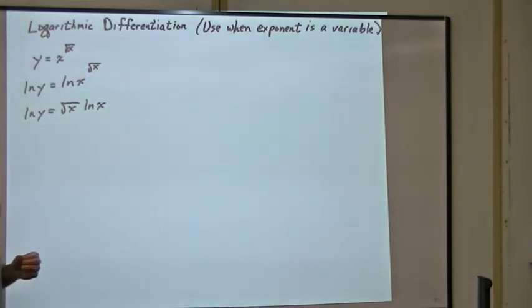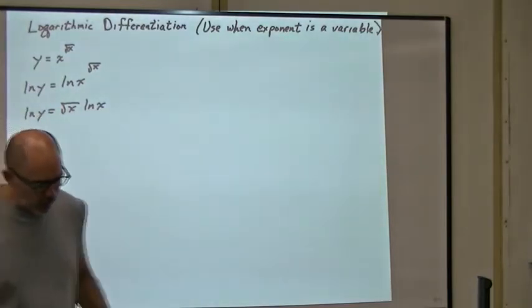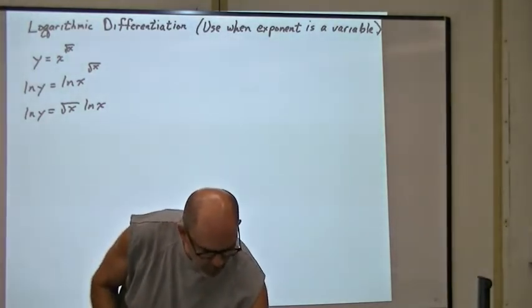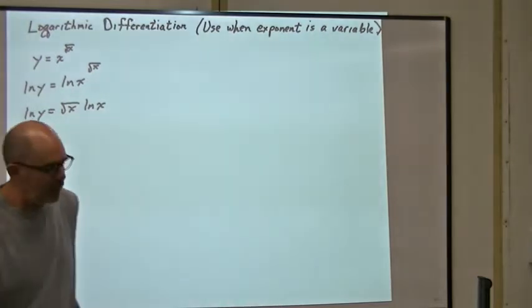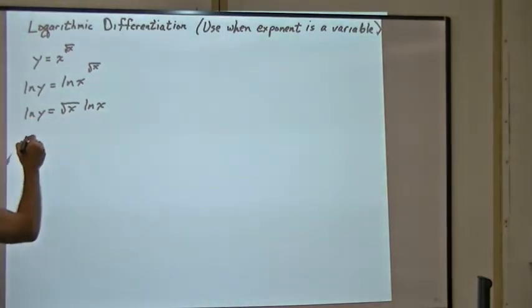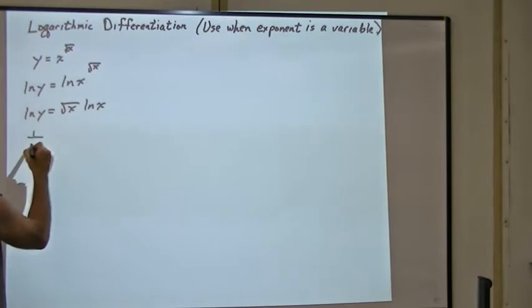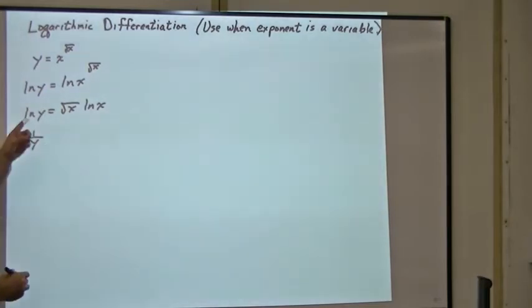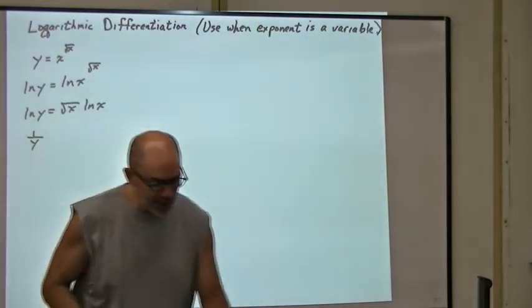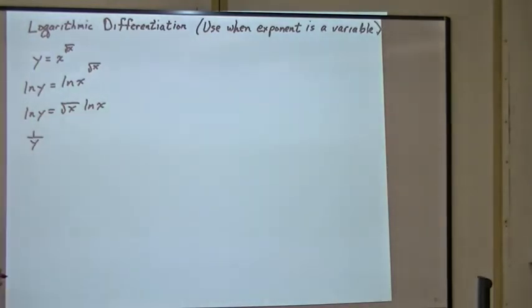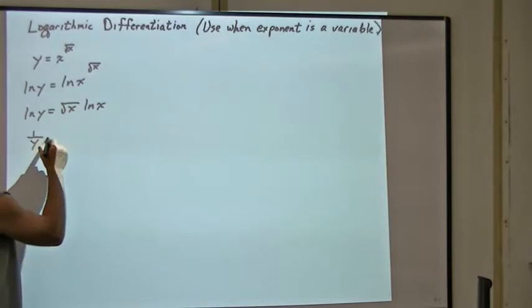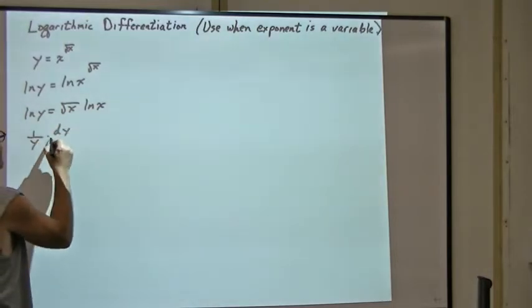All right, now it's time to take the derivative of both sides. So what's the derivative of natural log y? Of course, we need to get this all ready. Okay, so we take the derivative of natural log y and you get 1 over y. And then, of course, you need to take the derivative because it's the chain rule. Okay, so times the derivative of the inside.